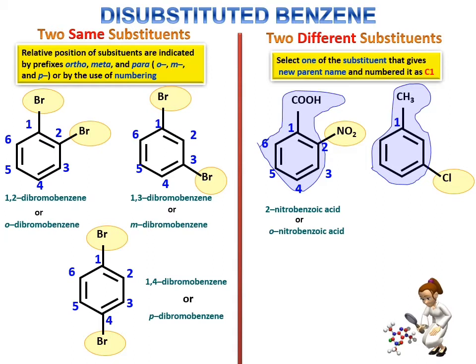So if you number the benzene, we start number 1 at the carbon that is directly bonded with CH3, and then kita pusing dengan carbon yang lebih dekat with the other substituent, which is chlorine. Okay, so look at the position. So we have 3-chlorotoluene. Nampak tak? Okay, tak perlu nak letak 1,3 lagi dah. Okay, so or you can write as meta-chlorotoluene. Okay, boleh kelas?